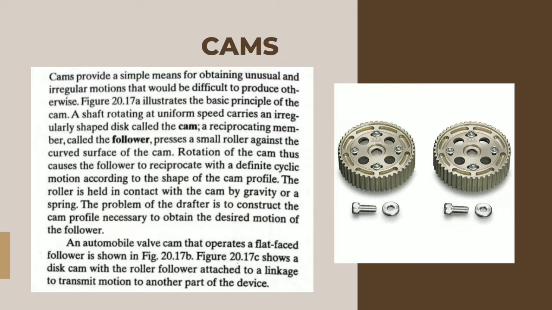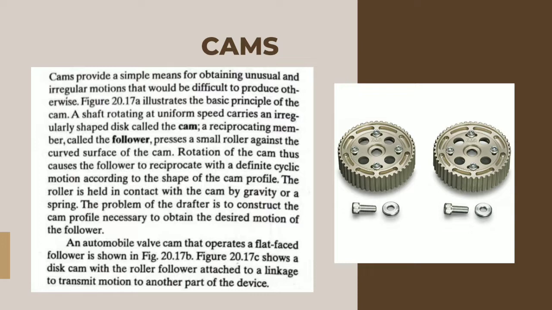Rotation of the cam thus causes the follower to reciprocate with a definite cyclic motion according to the shape of the cam profile. The roller is held in contact with the cam by gravity or a spring. The problem of the drafter is to construct the cam profile necessary to obtain the desired motion of the follower.